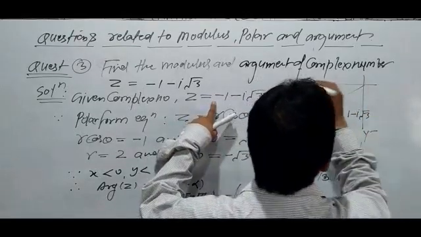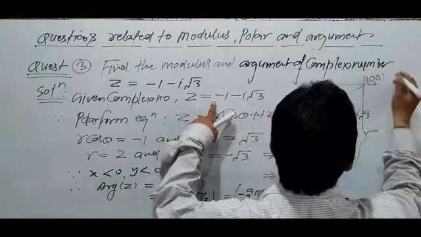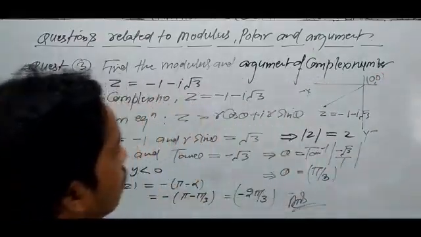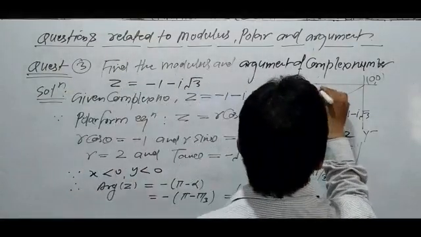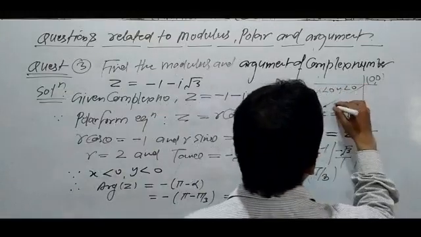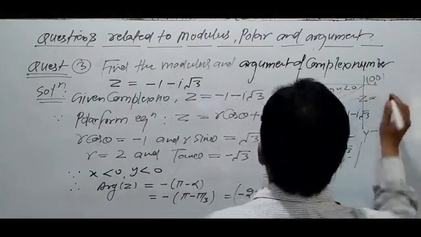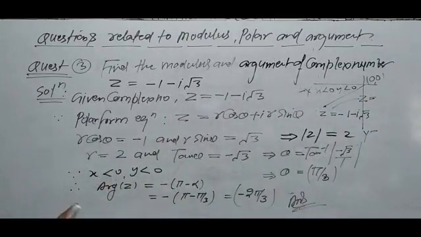This is negative y, this is negative x, this is 0 comma 0. In the third quadrant, x is less than 0 and y is also less than 0. The argument of z is here minus 2 pi by 3, and we can also write the polar form.